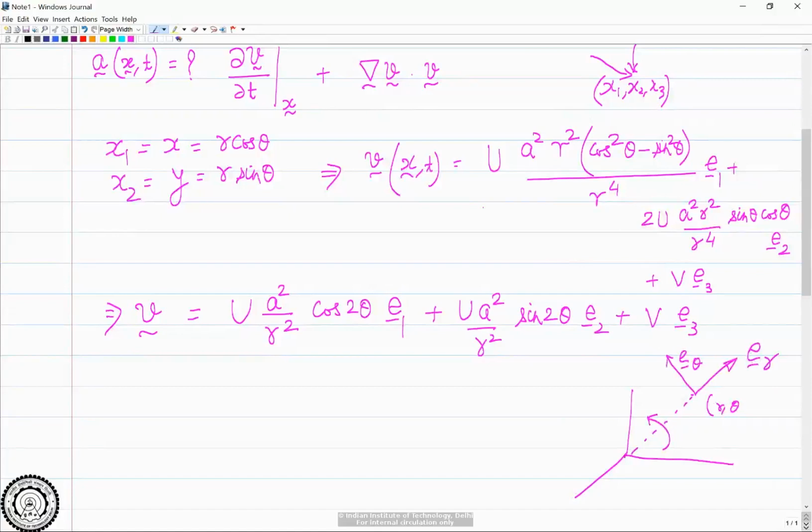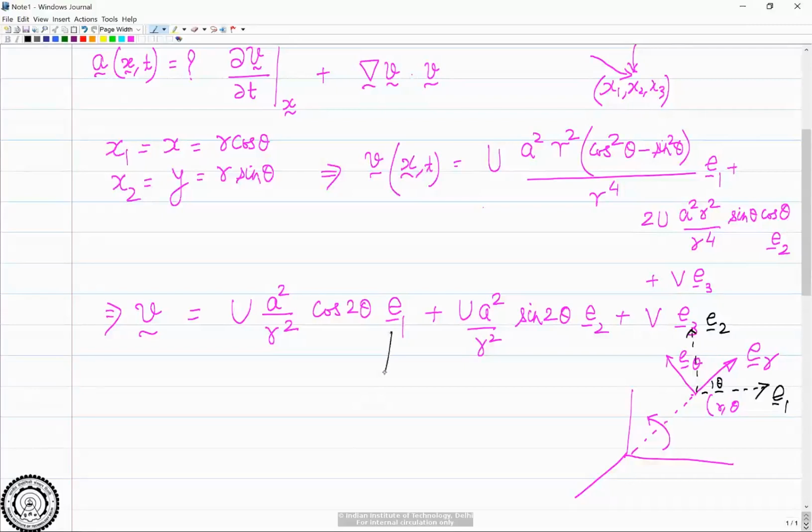But E1, E2 is always the same. All right, so let us try to write down E1, E2 in terms of ER, E theta.